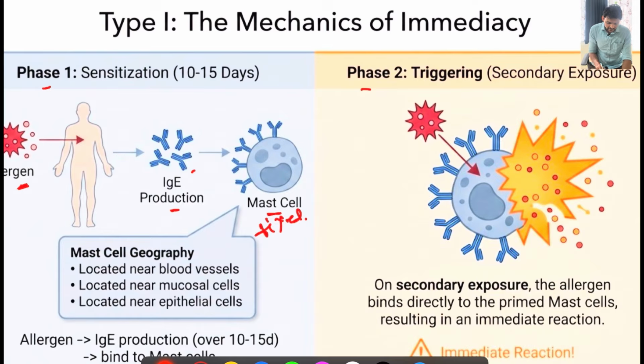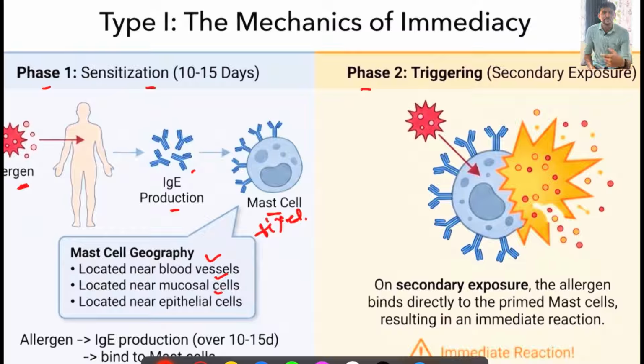These mast cells are present near blood vessels, near mucosal cells and near the epithelial cells. Over them the prepared IgE antibodies are fixed and ready. This is the sensitization phase.